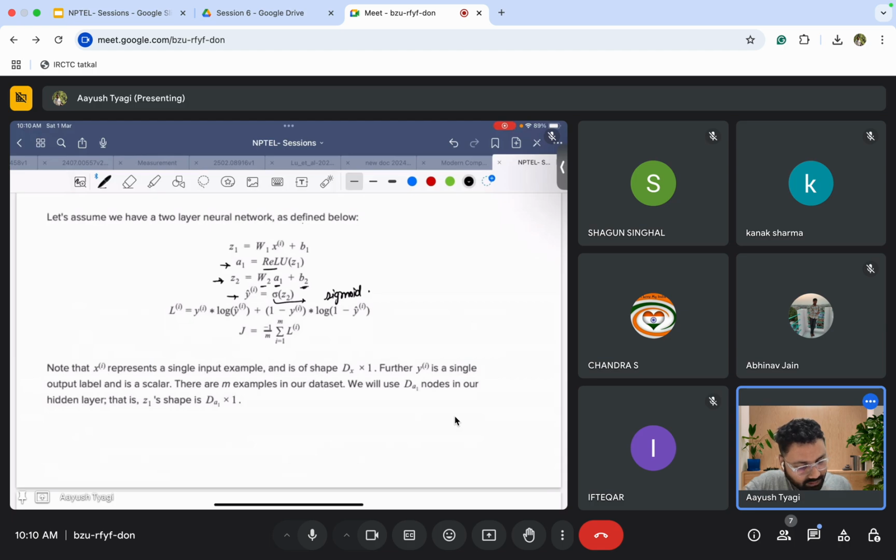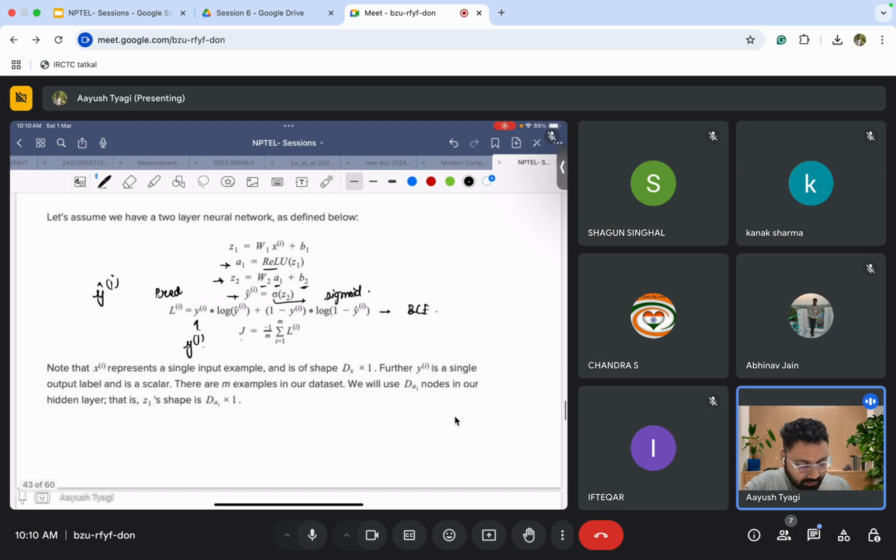This predicted output, you check how good your prediction is. In this case, this is called binary cross entropy, right? You compare it with the ground truth y, which is this yi for that ith sample, and your prediction is y hat, right?